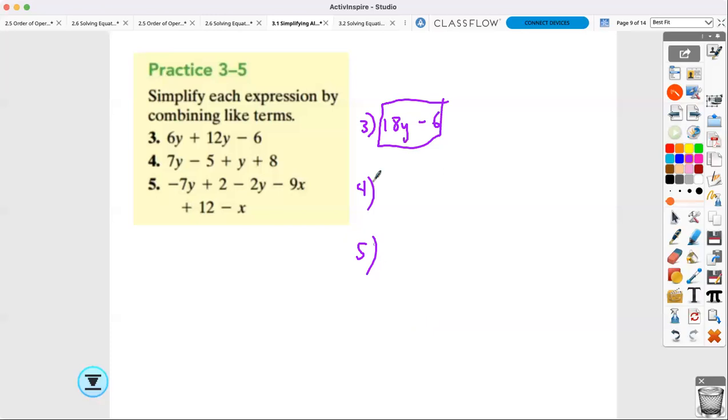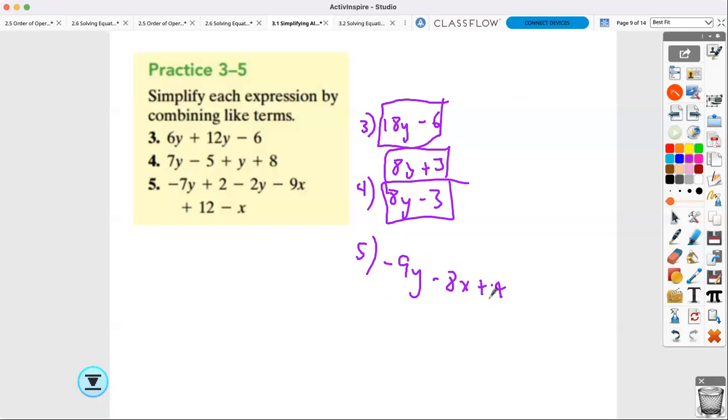One second. So then for 4, I see 8y minus 3 and I see 8y plus 3. Let's see what people are saying is the difference for 4. And then for 5, I get negative 9y. I see negative 8x. And I see plus 14. That was the timer, class.